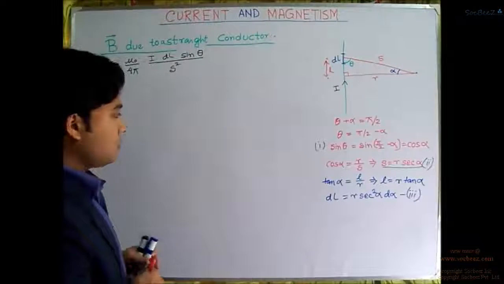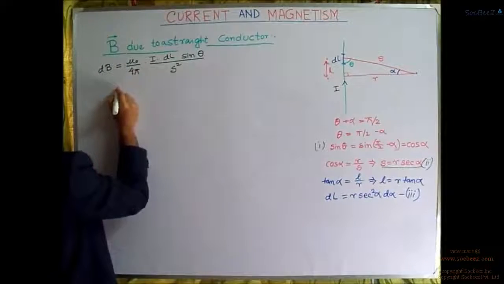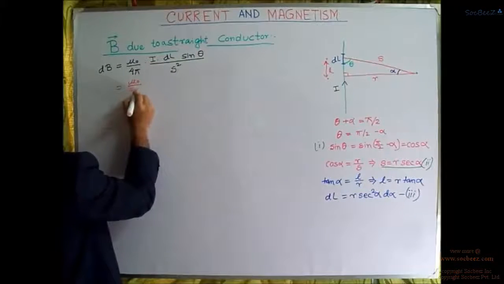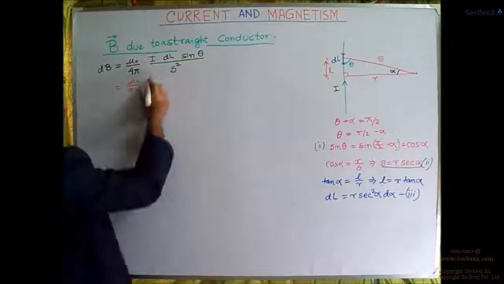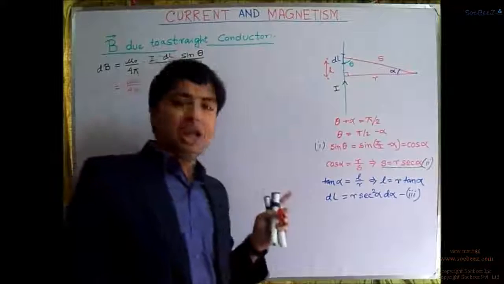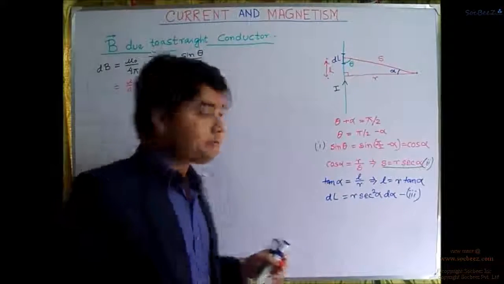Now we can write this dB as equal to mu naught divided by 4 pi multiplied by I multiplied by the dL. What is dL right now? R sec square alpha d alpha.